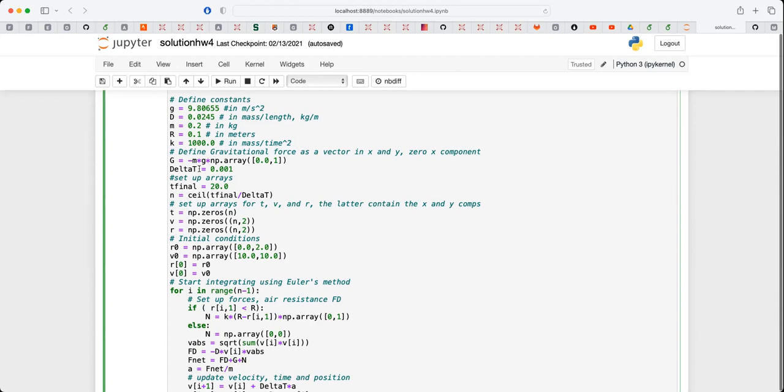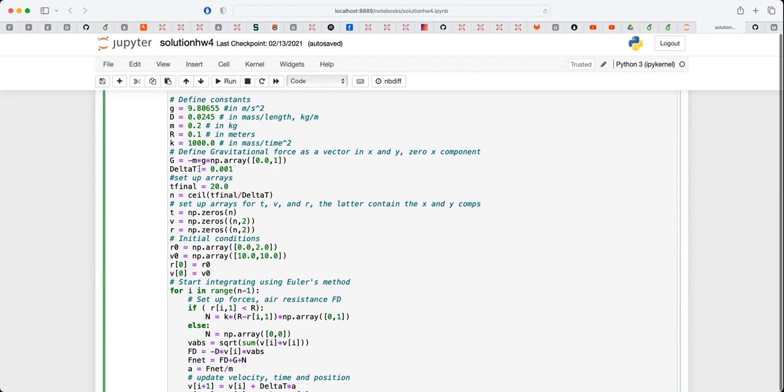So let us run the calculations. I'm having a ball which has a radius of 0.1 meter. So when the object comes to rest, we should have a height which is 0.1. If I run the simulation now and look at the value of y as a function of time, when it comes to rest, then the height should be equal to the radius of the ball, right?